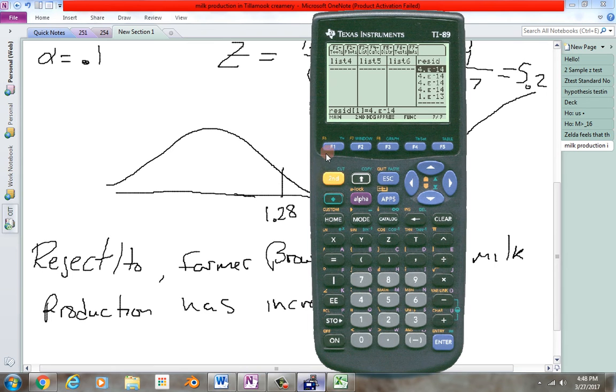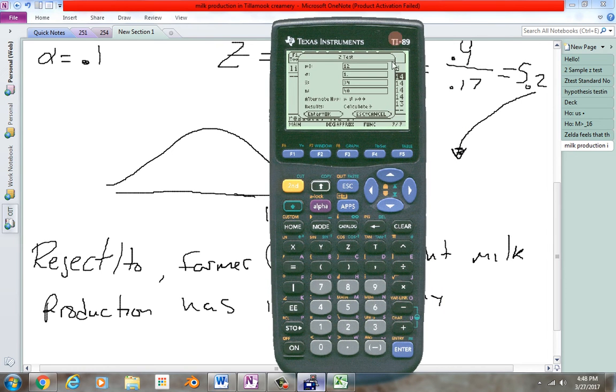Now on the calculator, if you come in here to, oops, no escape. Come in here to F6 for tests, and this is a Z-test, and we have stats. Then we're going to put in that the milk production was 12, and the standard deviation was, what did we say, 1.9? No, 1.7. Yes, 1.7. And 12.9.